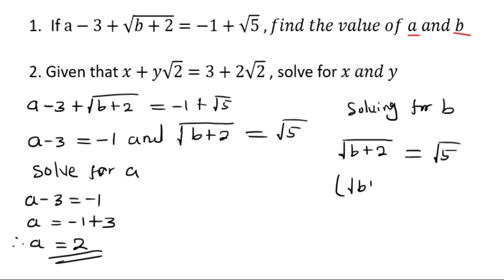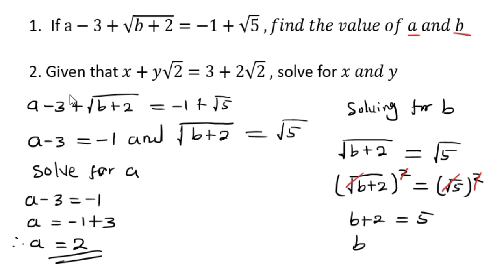So the square root of b plus 2, whole squared, equals the square root of 5, whole squared, and the square and the root cancel each other, so we are left with b plus 2 equals what? 5. Then we can say that b equals what? 5 minus 2. So grouping like terms, sending the 2 to the other side of the equation, we see that our b is equal to 3.